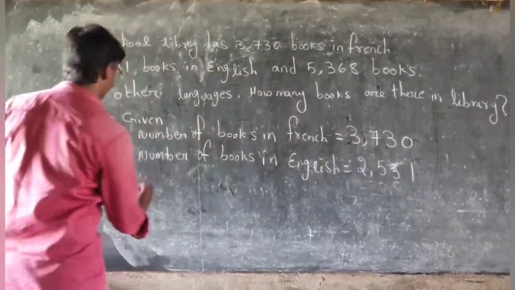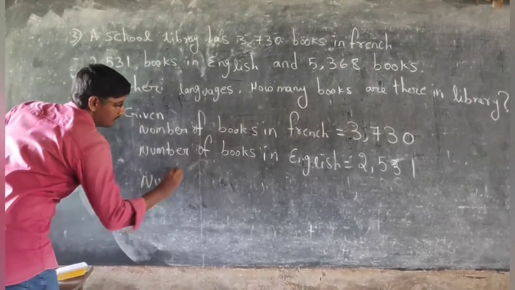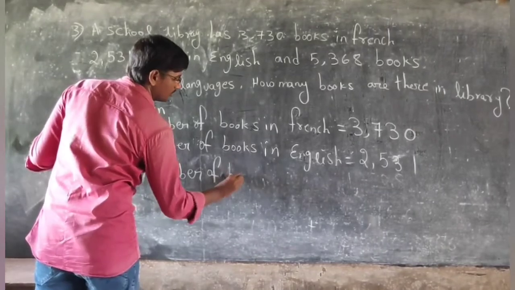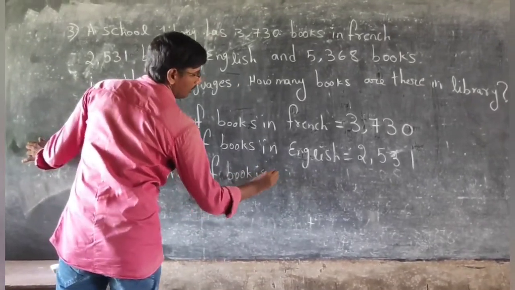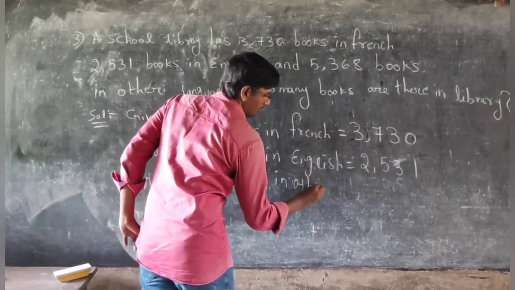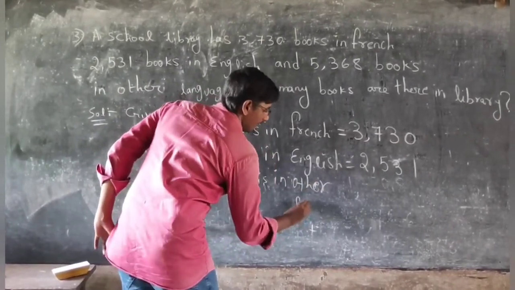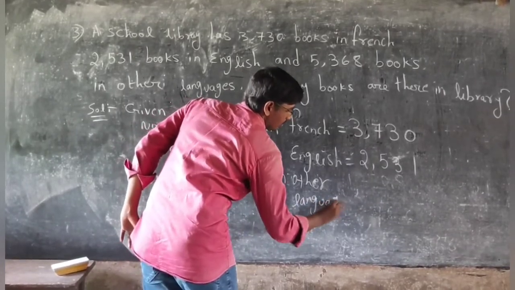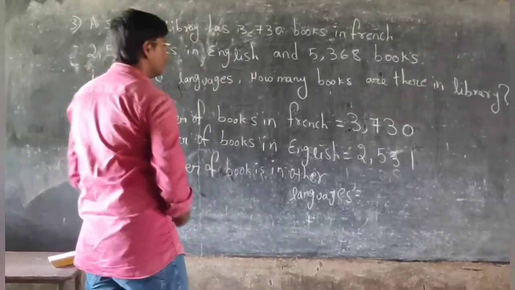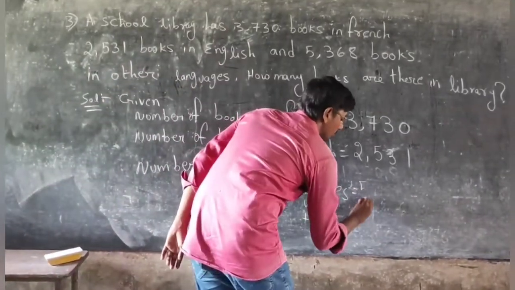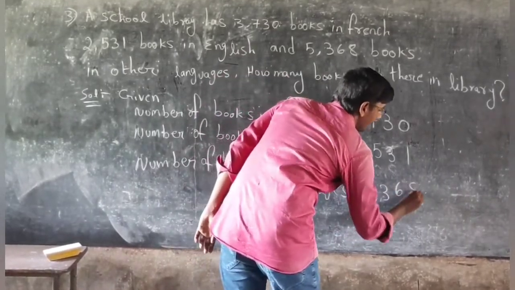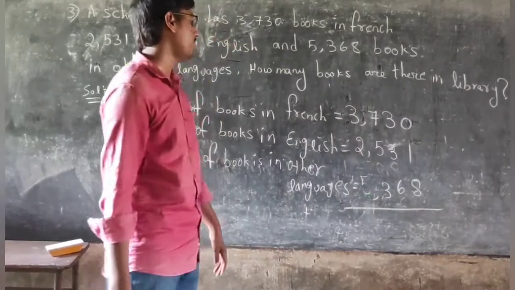Next one. Number of books in other languages is equal to 5,368. Okay, students, how many addends are there?